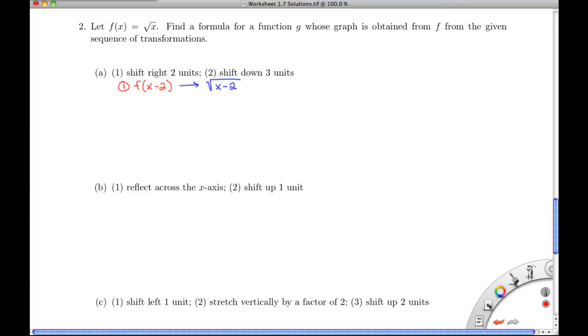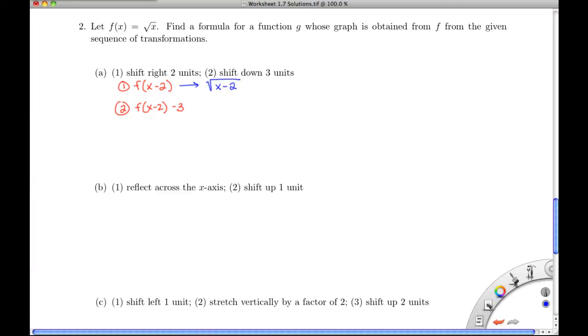Then we look at our second transformation. So we're also going to shift this down 3 units. So if we're accumulating each of these transformations, we know that we've already got f of x minus 2 for our shift to the right 2 units. Now we want to shift it down 3, so we're going to take that function, and on the outside we're going to subtract 3.